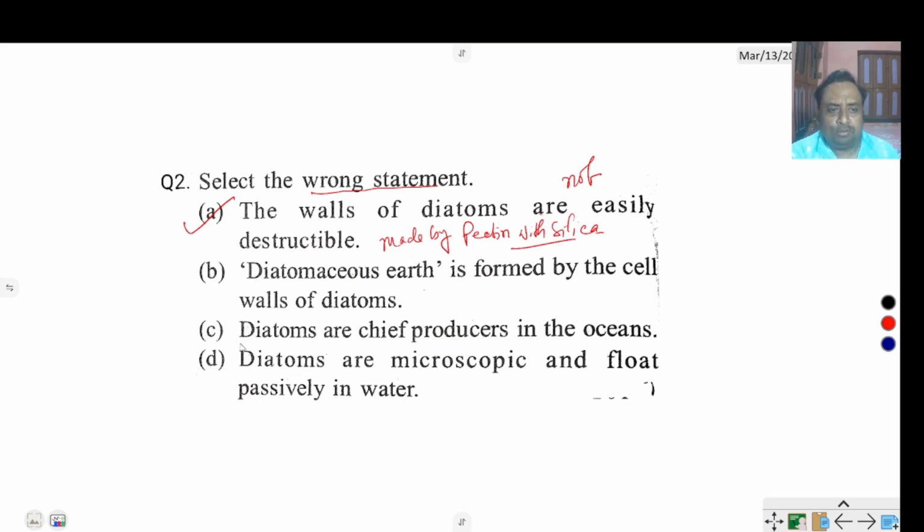Another option says diatomaceous earth is formed by the cell wall of diatoms. Definitely, the cell wall decomposes and produces diatomaceous earth. Diatoms are chief producers in the ocean; definitely, diatoms are protista. Diatoms are microscopic and float passively in water; definitely they are plankton.